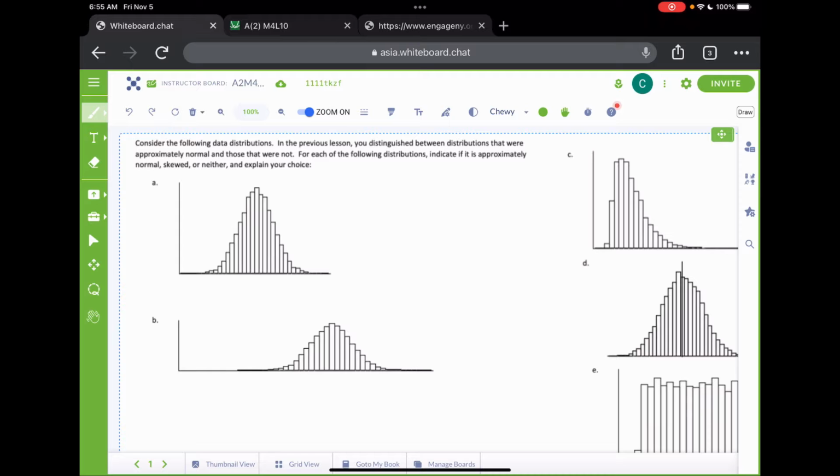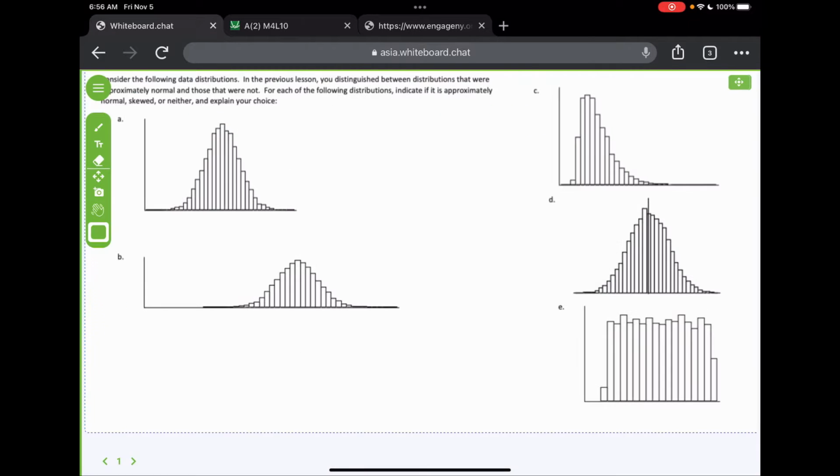This says consider the following data distributions. In the previous lesson, you distinguished between distributions that were approximately normal and those that were not. For each of the following distributions, indicate if it is approximately normal, skewed, or neither, and explain your choice. Let me get this a little bit smaller here so we can look at it better.